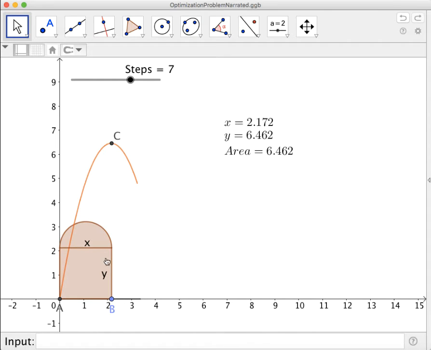Our y is going to be equal to, actually that's not correct for y, y is a little above 2, and our area then turns out to be 6.46 approximately. And this figure is more or less a square, giving us our maximum area.